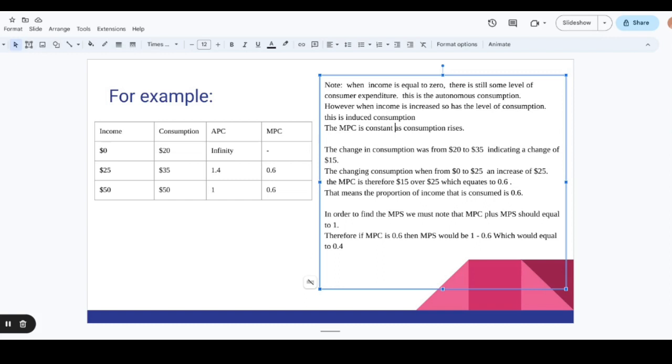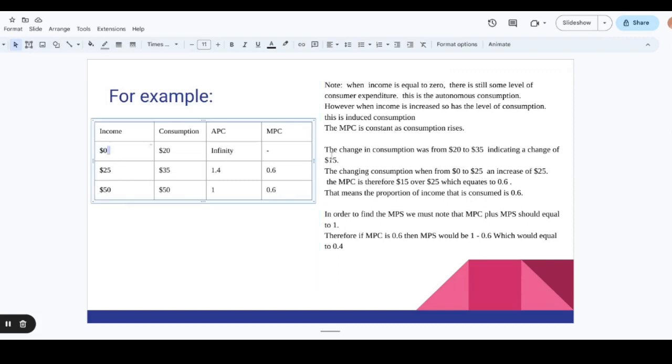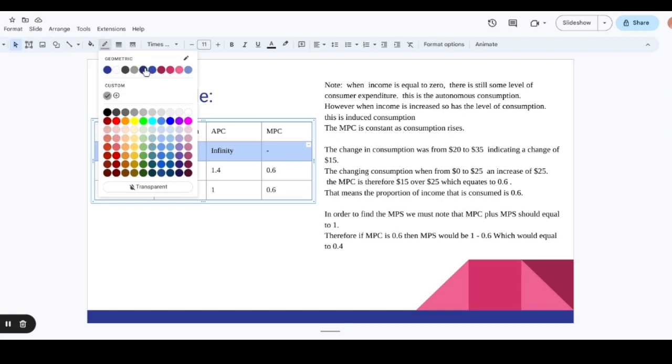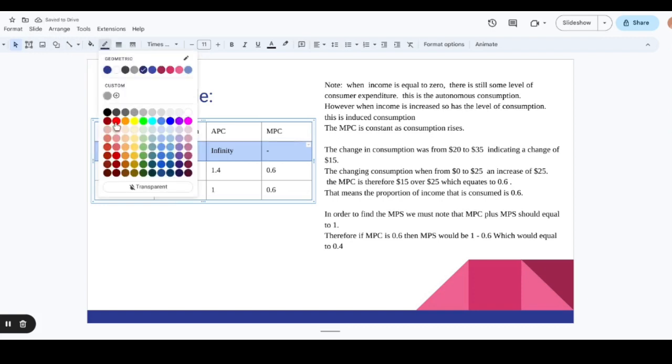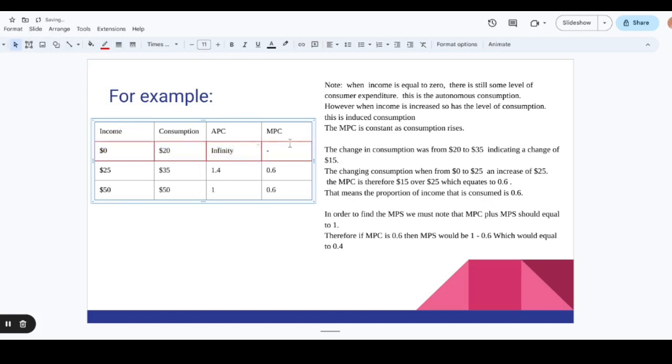Now, when income level is at 0, from the diagram or from this table, marginal propensity to consume will not be equal to anything. It would be 0, nothing at all. So now the average propensity to consume, which is APC, we'll speak about it later after this.